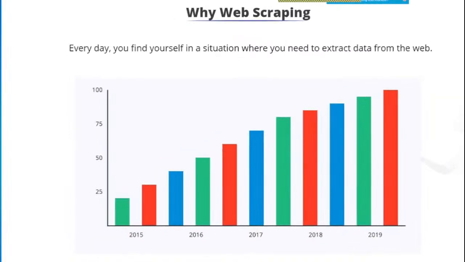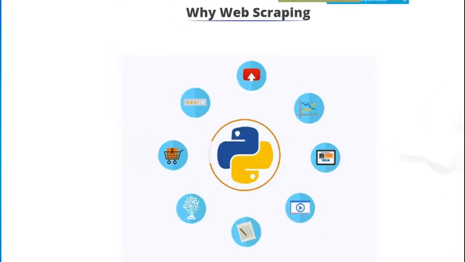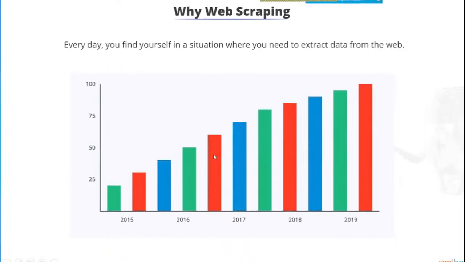Every day you find yourself in a situation where you need to extract data. This is just a plot showing how it has been increasing day by day, why web scraping is important, and this plot is basically giving the information that it is exponentially increasing.